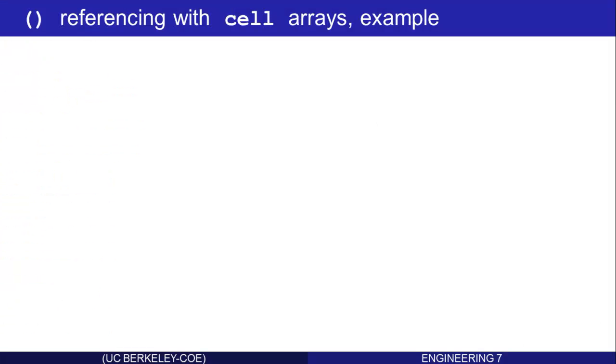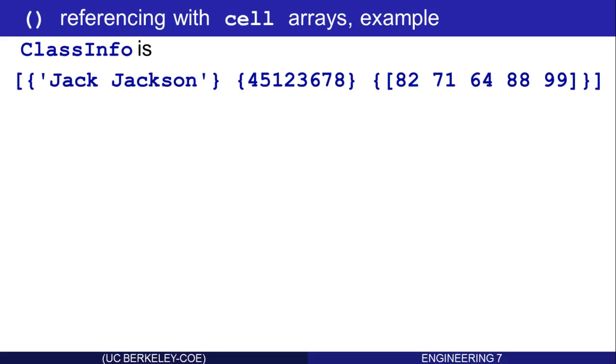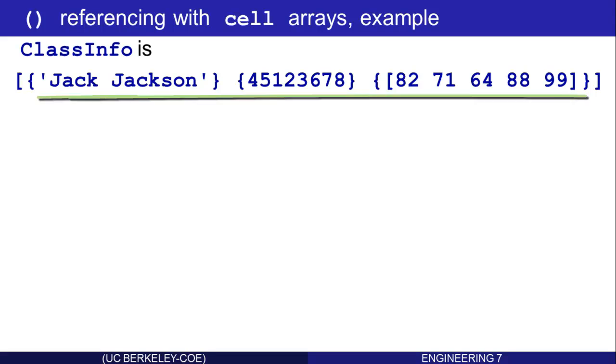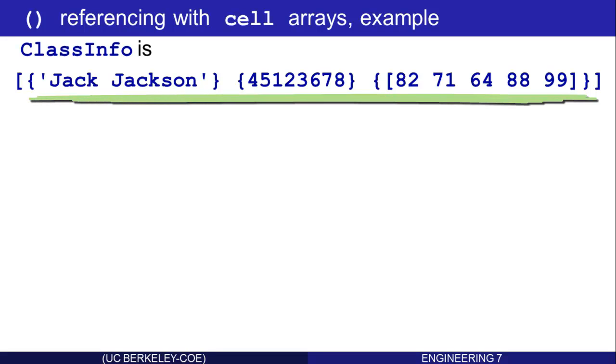Let's look at this parentheses referencing one more time on the class info example. Remember, class info is a 1x3 cell array whose contents are the student's name, the student's ID number, and the student's scores.